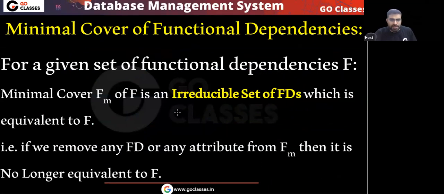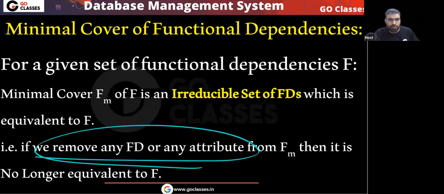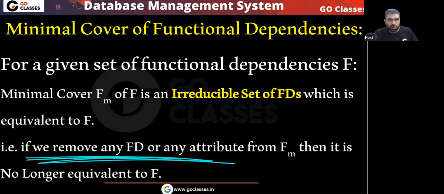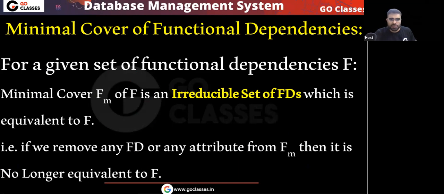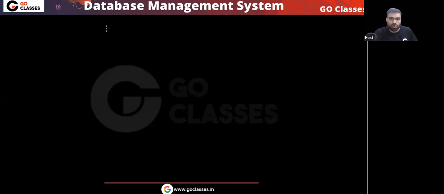If you remove any attribute or any FD from this minimal cover, then they will no longer be equivalent. Is this clear? Very simple.